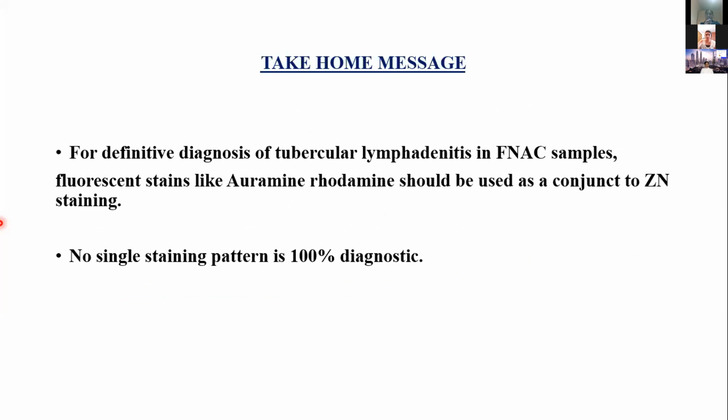Now, the take-home message is that if we want an early diagnosis of tubercular lymphadenitis, especially in fine needle aspiration cytology samples, then in adjunct to the Ziehl-Neelsen staining, if possible, we should also do the fluorescent stains like auramine rhodamine and autofluorescence using the Pap stained smears, so that they can add to the diagnosis, and the diagnosis can be made at an early stage.